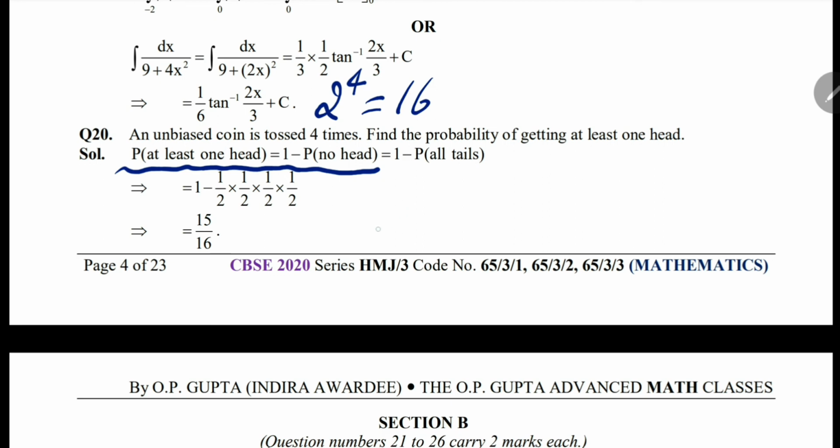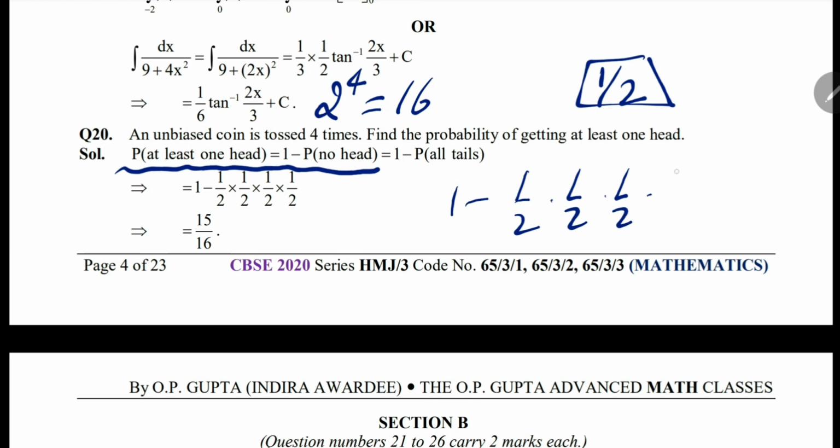No head means all the outcomes will be tails. Now the probability of getting head and tail when a coin is tossed is 1 by 2 each. So that means 1 minus 1 by 2, 1 by 2, 1 by 2, 1 by 2. In all the 4 tosses, we are getting tails with a probability of half. So on simplification of this, you will get 1 minus 1 by 16, that will give you 15 by 16 as the answer of this problem.